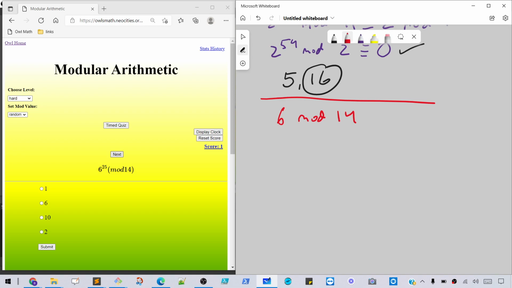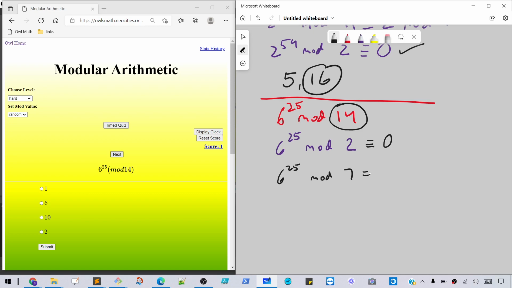So let's split this up so we can look at 6 to the 25 mod 2, and 6 to the 25 mod 7, because 7 times 2 equals 14. Then 6 mod 2 is just going to be 0, because 6 is a multiple of 2, so there's nothing to look at there.